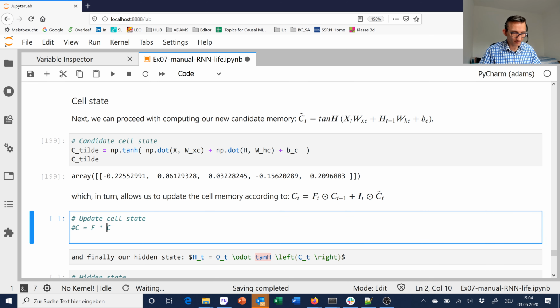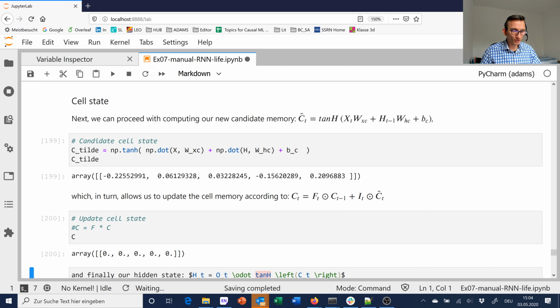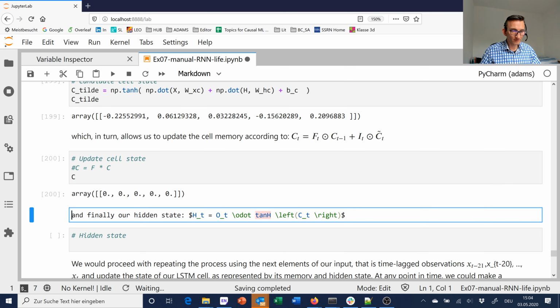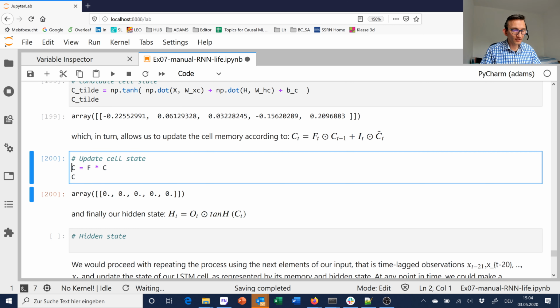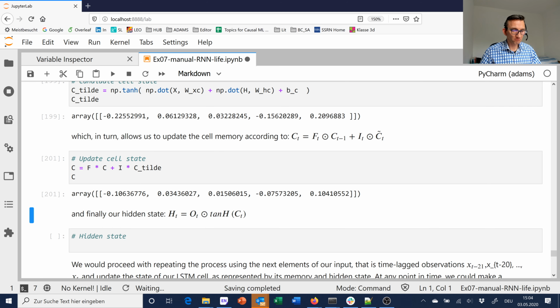That is 0. So this is an element-wise multiplication. That is exactly what the multiplication sign will give me. And to that, we add the input gate, element-wise multiplied with the candidate cell state, C tilde. There is my new cell state.